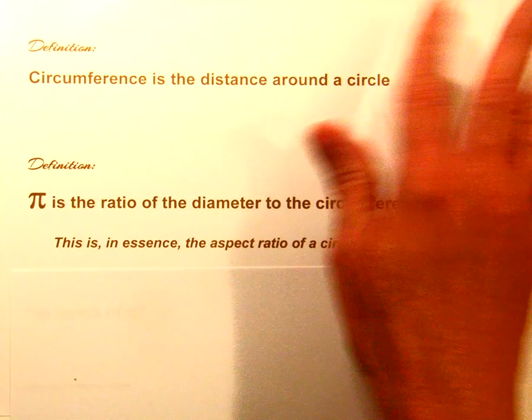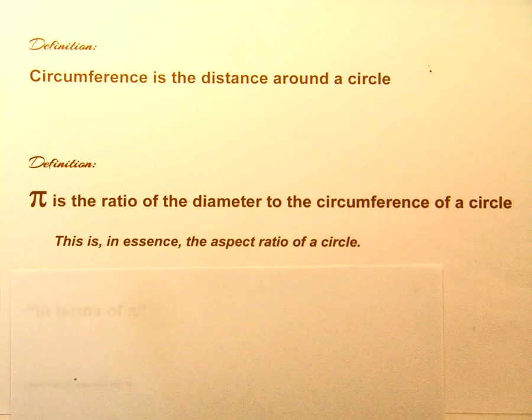All circles are round. That's what pi tells us. I know you've been working with pi for lots of years, and it's lots of fun, but did you ever know it was really quite that profound? That pi means that all circles are round.